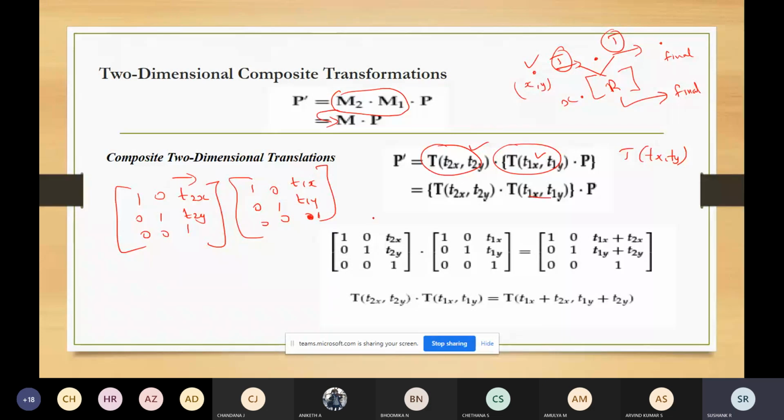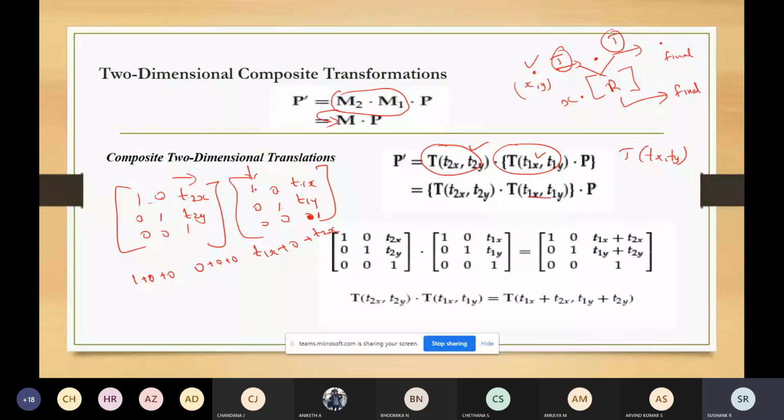First row, first column: 1 into 1 plus 0 into 0 plus 0 into T1x, which is 1. Anything multiplied by 0 is 0 only. The second term: 1 into 0, 0 into 1, plus 0 into T1y, so you'll get 0. Third column: 1 into T1x, 0 into T1y will be 0, plus T2x into 1 will be T2x.